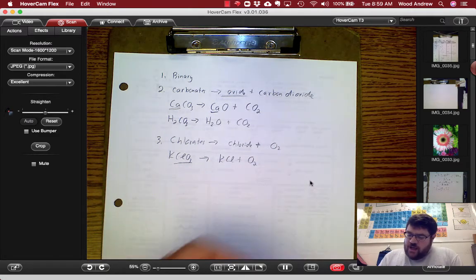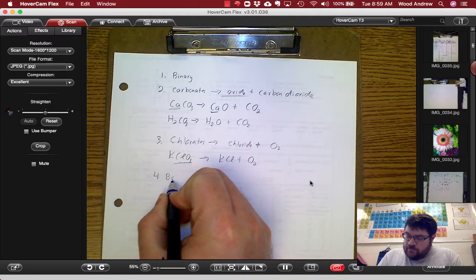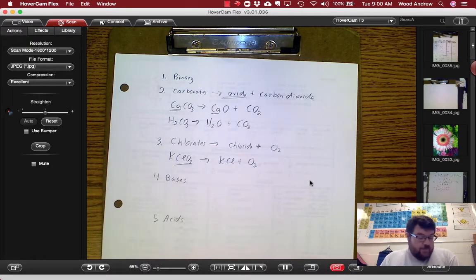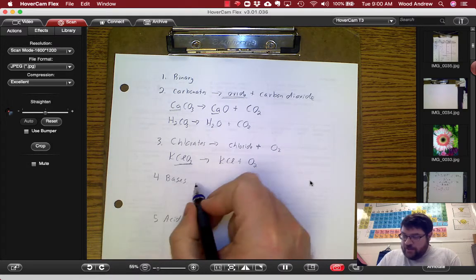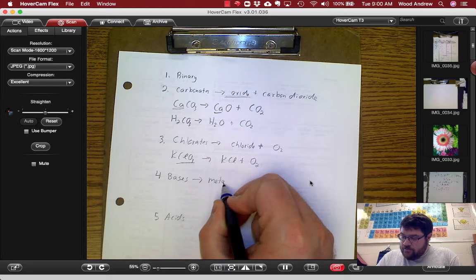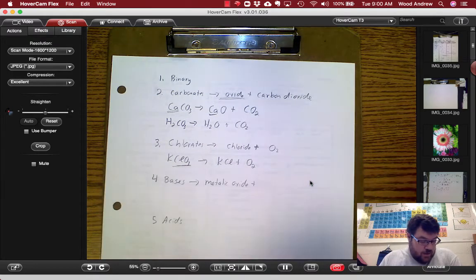Again, should be familiar with that. They put the next 2 together. I'm going to separate them out. Bases break down to a metallic oxide and water.